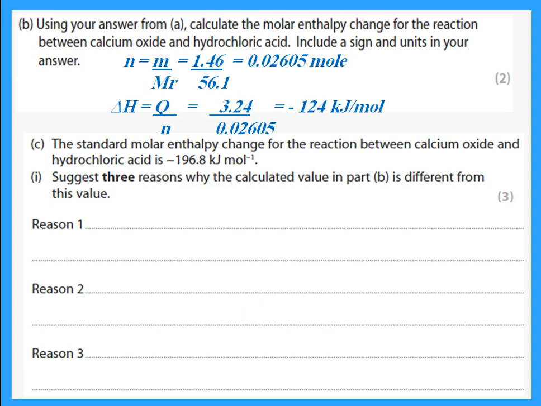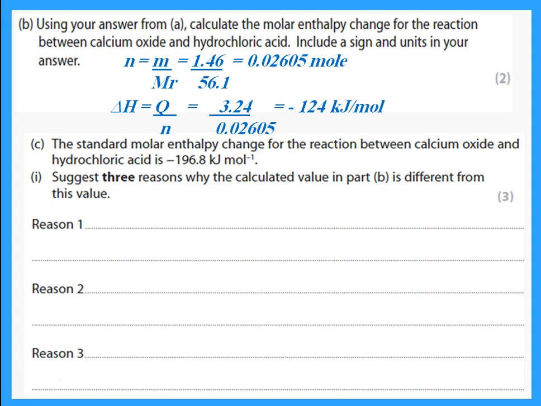My delta H is, again, he says the standard molar enthalpy change for this reaction is actually something different. And he's saying suggest 3 reasons why it is different from the actual value.